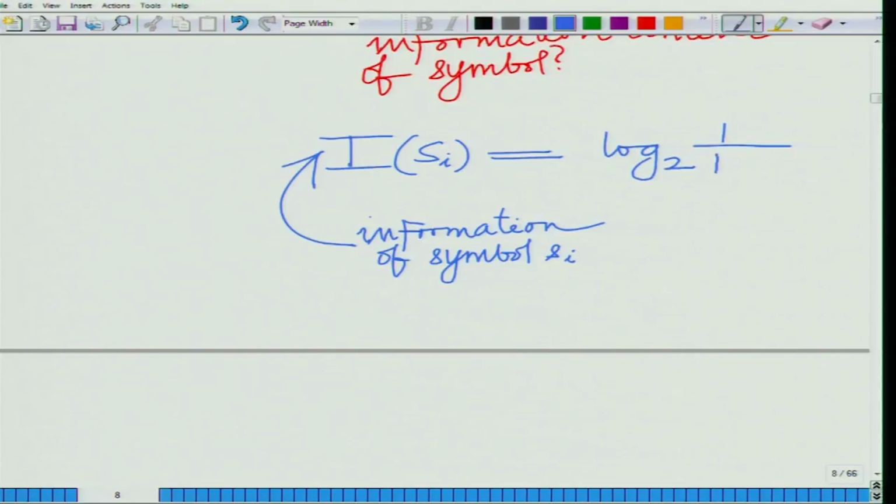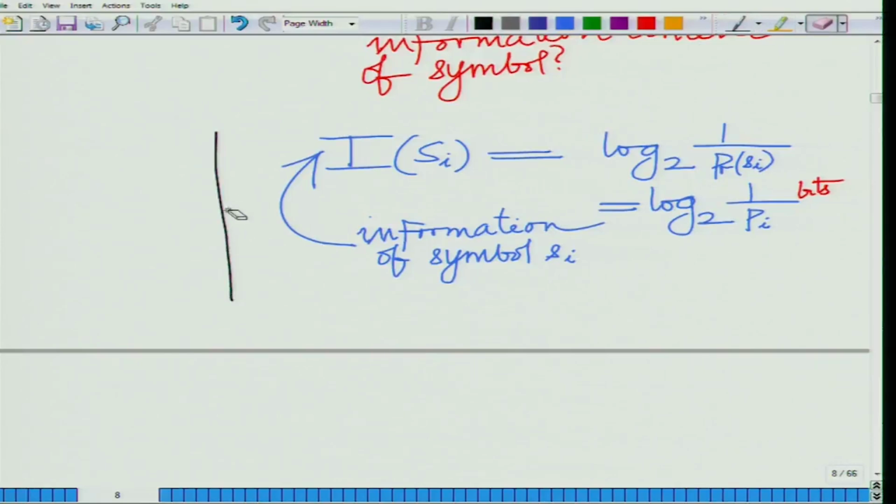We define it as log to the base 2 of 1 over the probability of Si, equals log to the base 2 of 1 over Pi, and the unit for information is bits. This is one of the fundamental definitions in information theory.